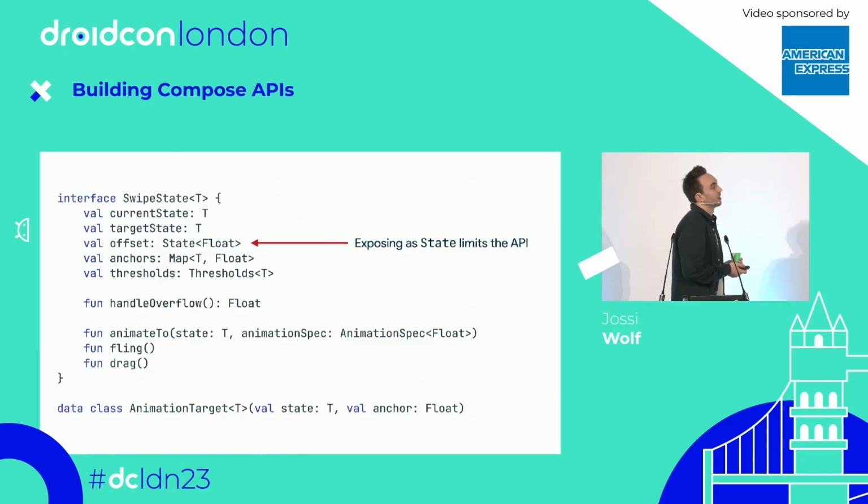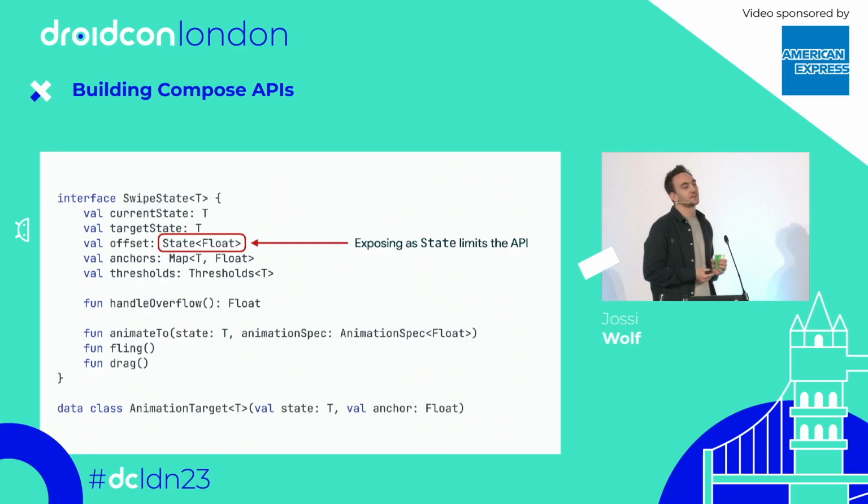For example, looking at the offset, exposing a value as state in Jetpack Compose is very tempting because state is this great tool that lets you publish observable values and gives you all of those nice things. But then it really limits the API. For example, it means that users will always have to do swipeState.offset.value, or always have to do val offset by swipeState.offset.